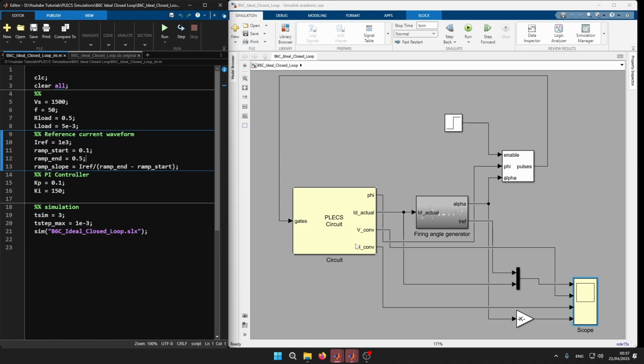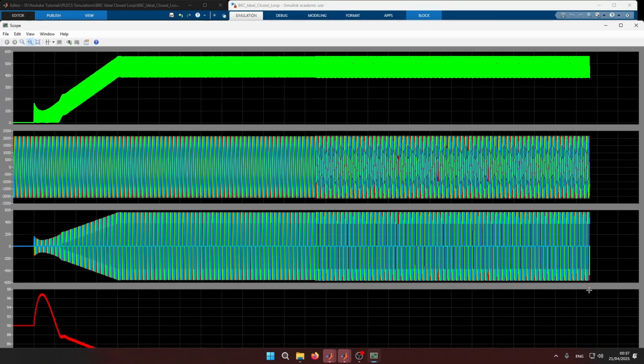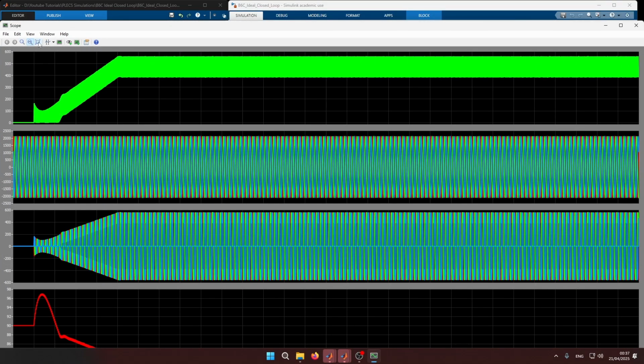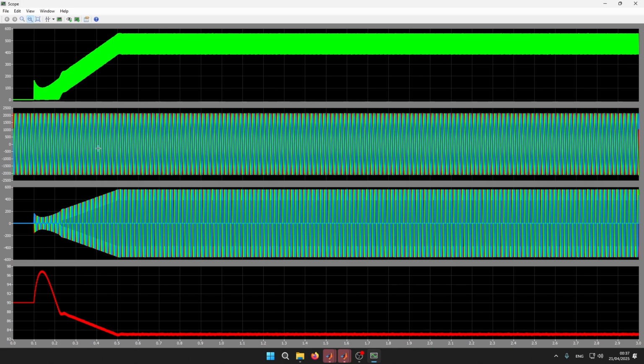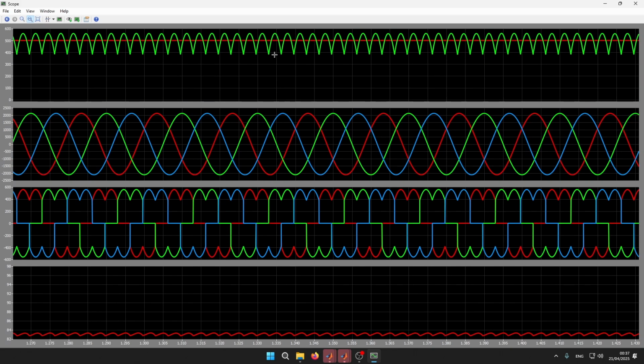Now, for example, if we want to change the load characteristics, like take it to 500 amperes, let's check if the response is good enough. So what we see here is again the tracking is successful.